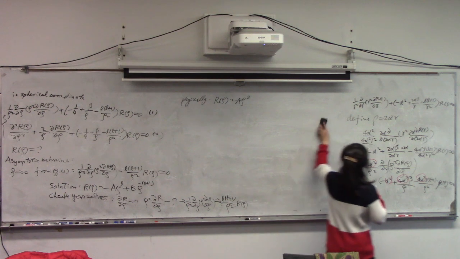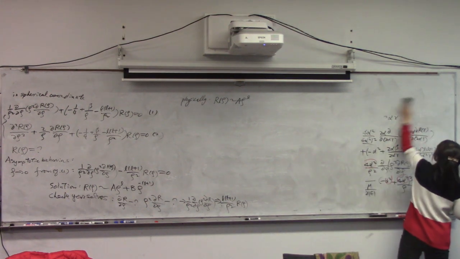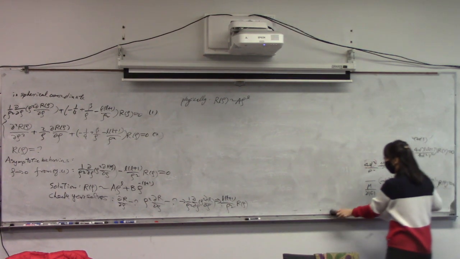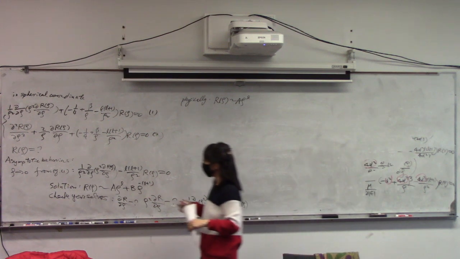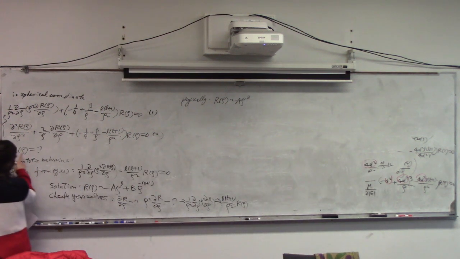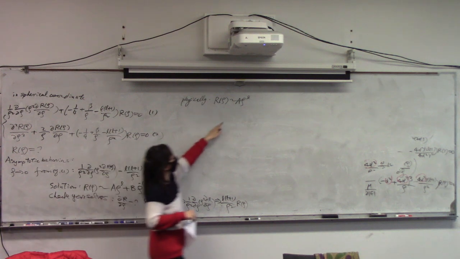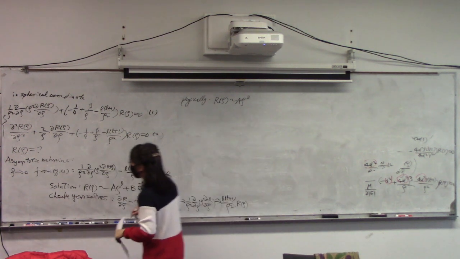So we have to drop that term. So there is only one behavior when rho goes to 0: the asymptotic behavior of this R of rho follows rho to the L power. Okay, that is the first case.